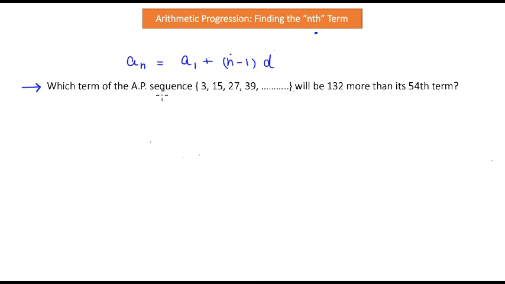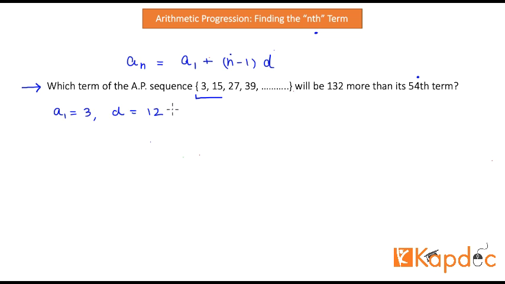Which term of the AP sequence, and this is my sequence here, will be 132 more than its 54th term? Let's identify a few parameters of this AP sequence. a1 is equal to 3, and d, the common difference between two successive terms, is equal to 12. So 3 to 15, the difference is 12. 15 to 27, the difference is 12.